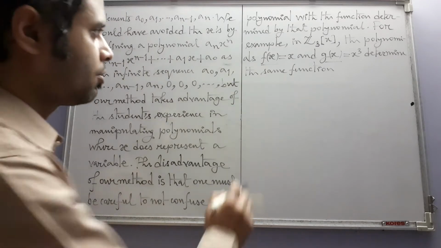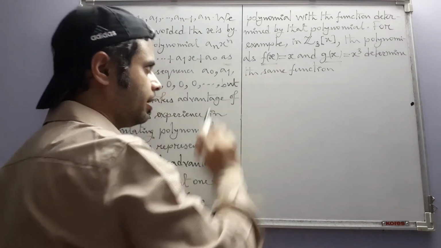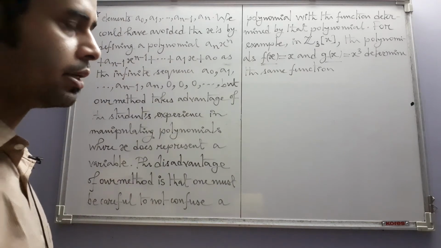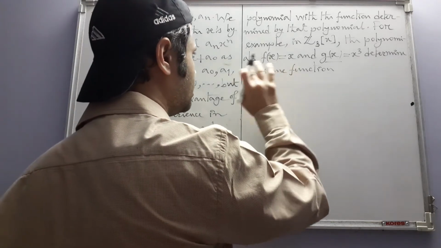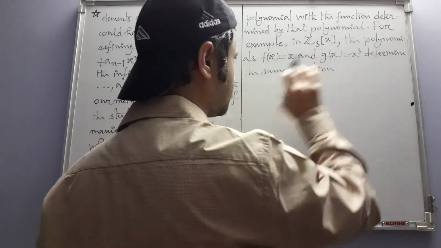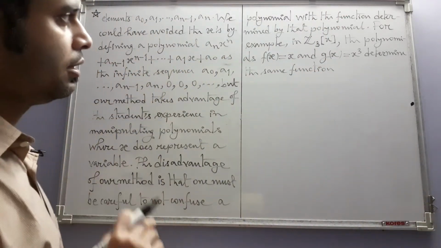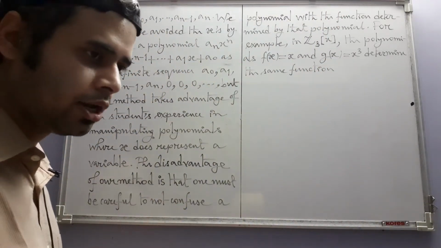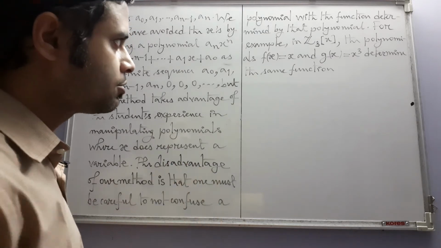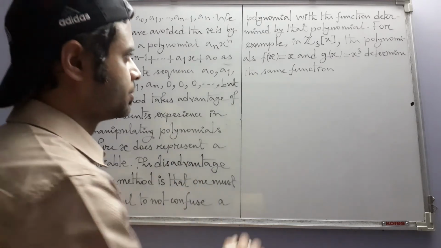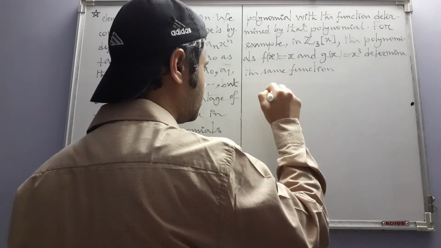It is some polynomial in x, not a function of x. And these two polynomials, according to the definition of equality of polynomials, are not the same. Why?